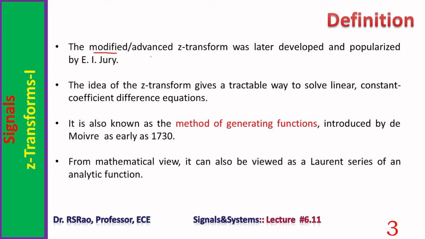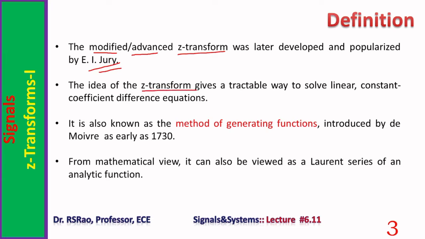The modified or advanced Z transform was developed and popularized by E.I. Jury. See, these are the people who are behind the development of Z transform, who brought the Z transform to a stage where it is right now.